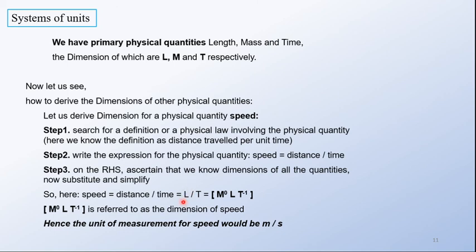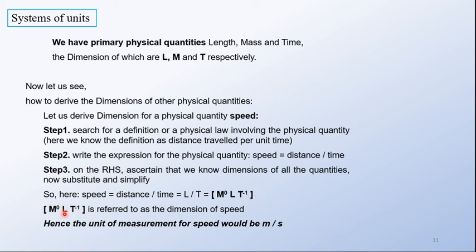Now, speed is equal to distance divided by time. Distance is measured as a length L, divided by time t. So you have dimension as L raised to 1, T raised to minus 1, and mass is not coming into picture. So overall dimension of speed would be M raised to 0, L raised to 1, T raised to minus 1.